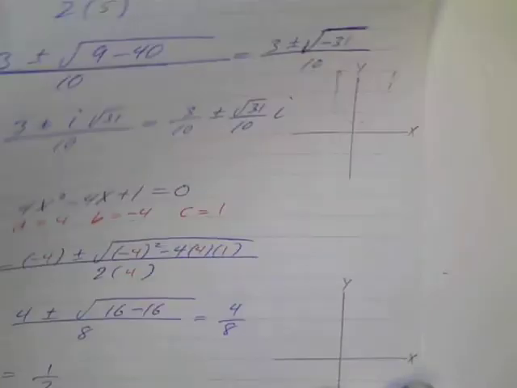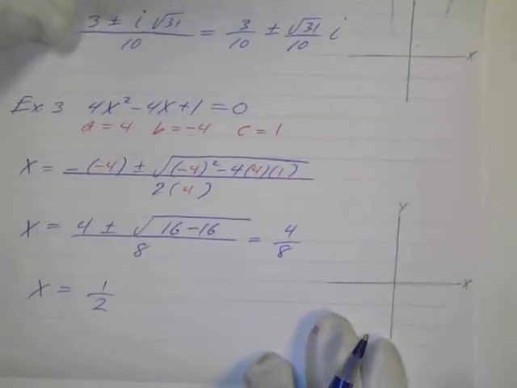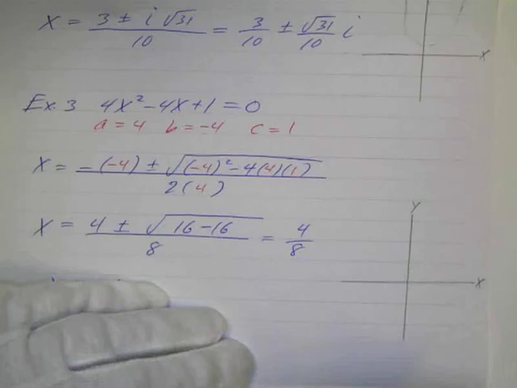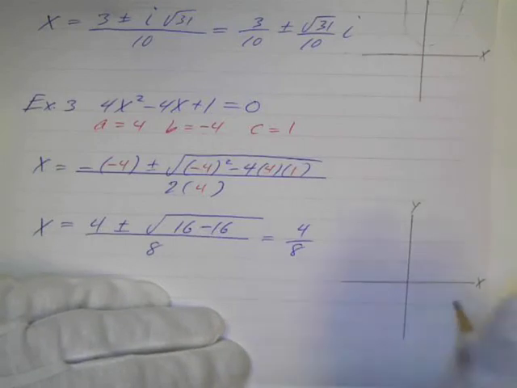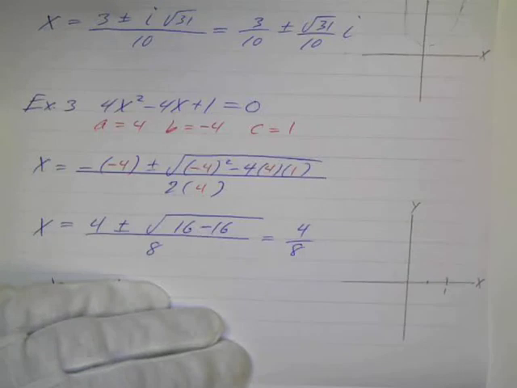So x equals 1/2, so I can find that. I know it's going to touch the axis because that's the 0. That's where the value is equal to 0. So if this is 1, this would be 1/2. That's my 0.